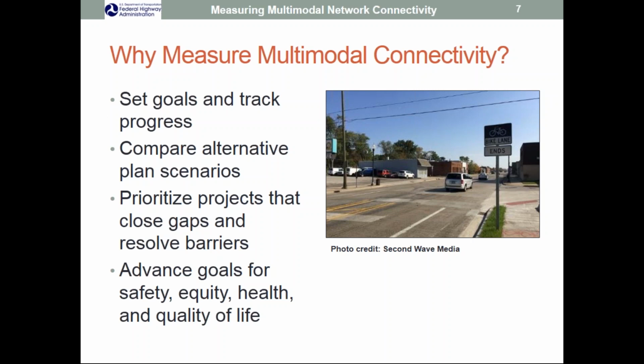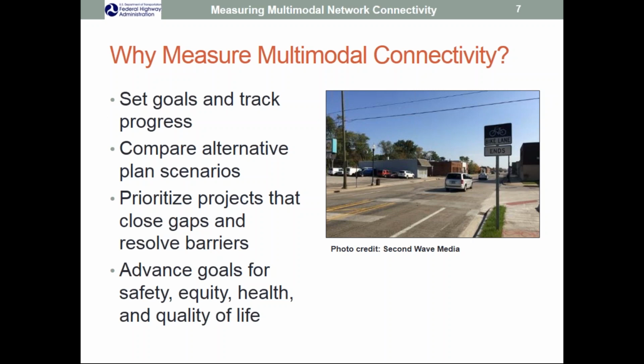There's lots of different kinds of gaps, and we'll talk about that. But really, the process of analyzing multimodal connectivity allows you to figure out where those gaps are so that you can set your goals, identify your performance measures, track your progress, try different alternative solutions and compare them. Ultimately, figure out which of the gaps are the most urgent and important so that you can set priorities for investing in projects that are going to close those gaps, and so that you'll get as much value as possible.